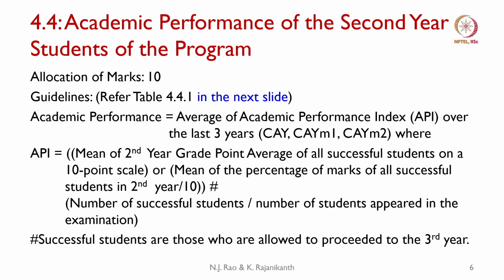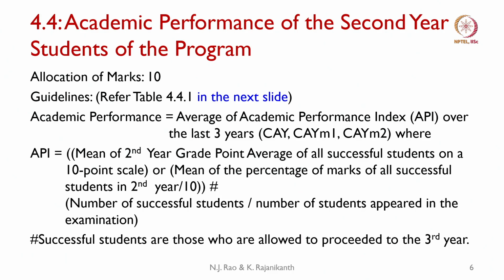Now, in absolutely similar fashion, we compute the academic performance of the second year students, that is subcriterion 4.4. The mechanism is absolutely the same, except that now instead of considering the first year students, we are considering second year students. So, their API is calculated exactly in the same way.